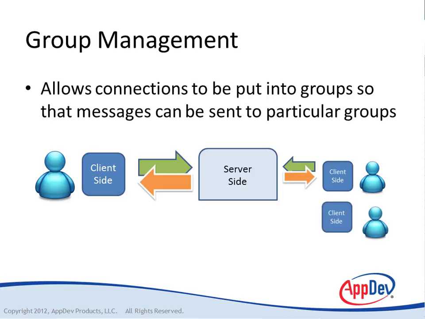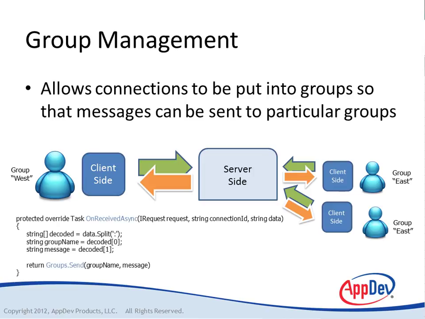And then we have a third person also interacting with the server. Now, by default, everybody's in the same group, if you will, or not assigned a group at all. So if I send a broadcast message out, it's going to go to all three users here. However, let's say the two users on the right belong to the group East, and the user on the left side belongs to the group West.